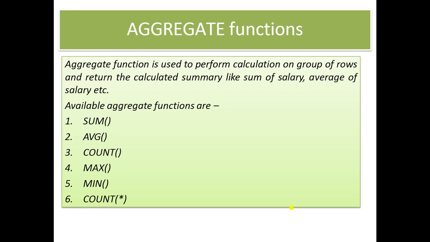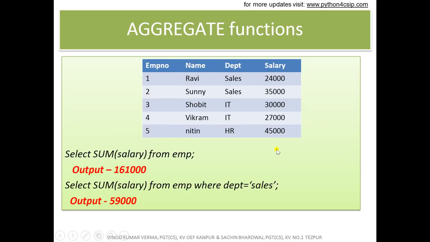Now next is the aggregate function. An aggregate function is used to perform a calculation on a group of rows and returns the calculated summary, like sum of salary, average of salary, etc. The available aggregate functions are sum, average, count, max, min and count star. You can see this is a table.